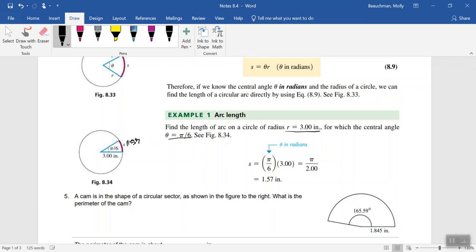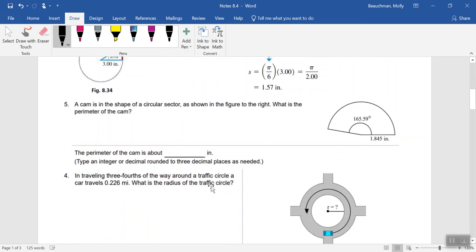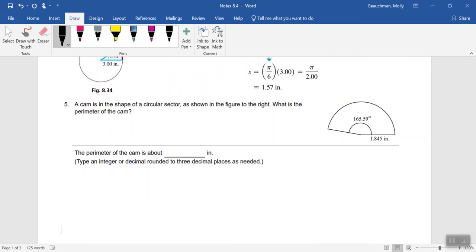So we want to take this idea of arc length and extend it to a couple of applications. The first application from homework is problem number 5. It says a cam is in the shape of a circular sector as shown in the figure to the right. What is the perimeter of the cam? Remember, perimeter is the distance around the outside of an object.